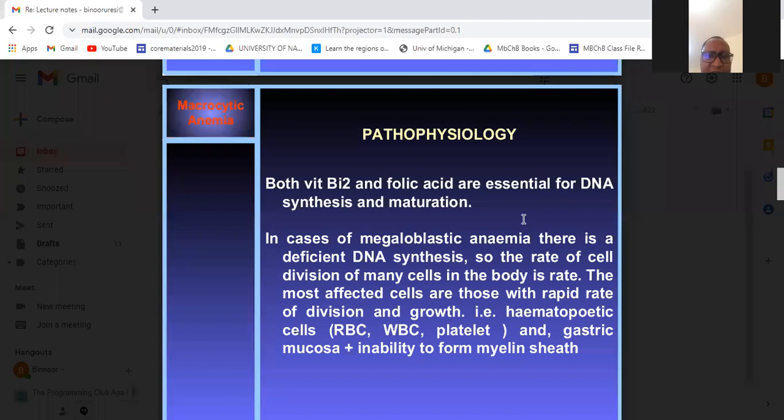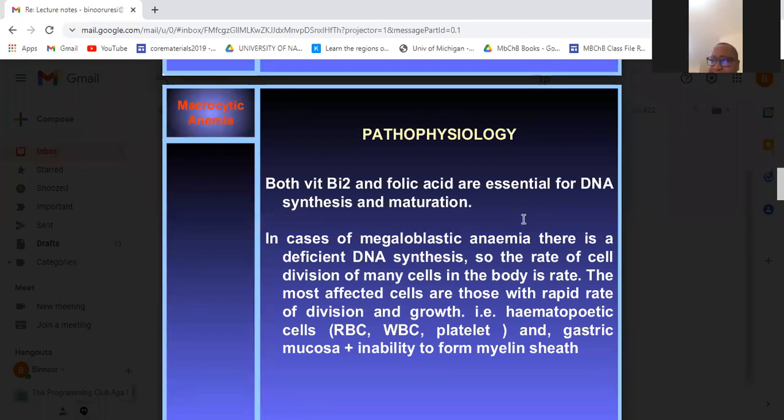So the rate of cell division of many cells in the body is affected. The most affected cells are those with a rapid rate of division and growth. Examples include hematopoietic cells, the gastric mucosa, and of course the nervous cells, especially in children. So that's the pathophysiology of how B12 and folic acid affect the red cells.